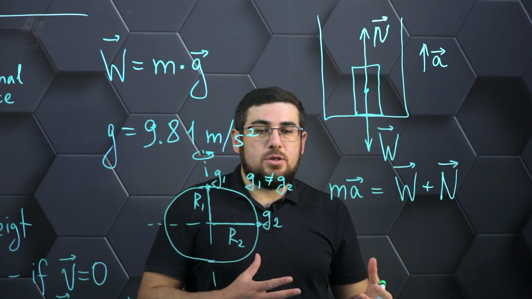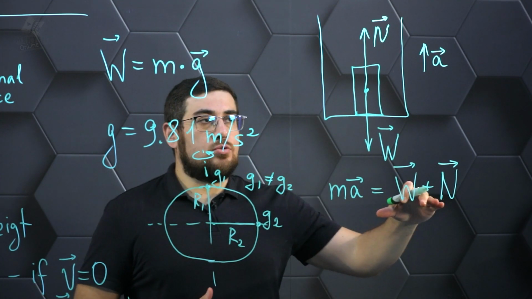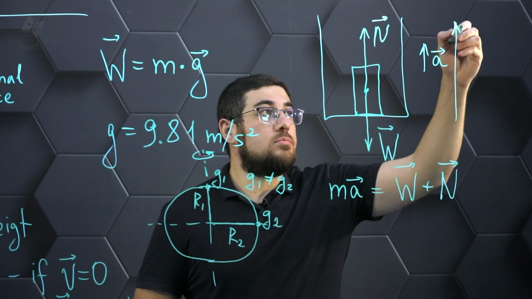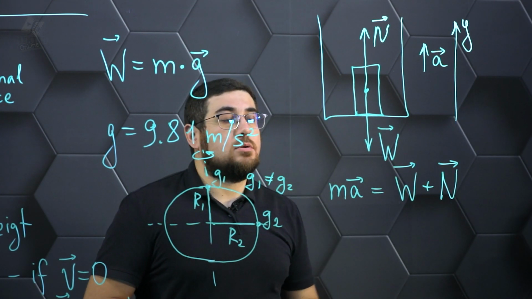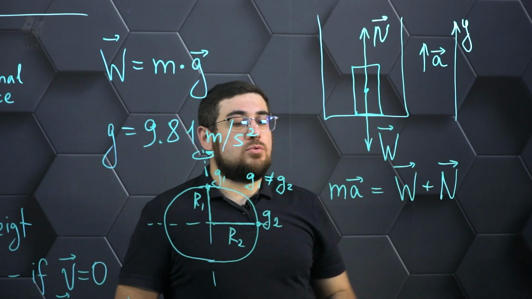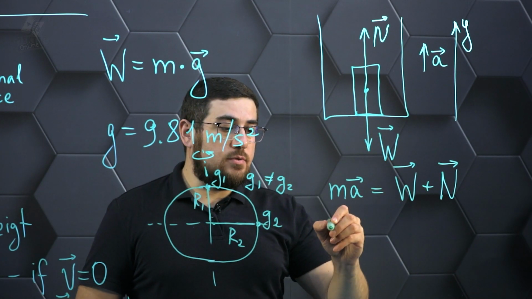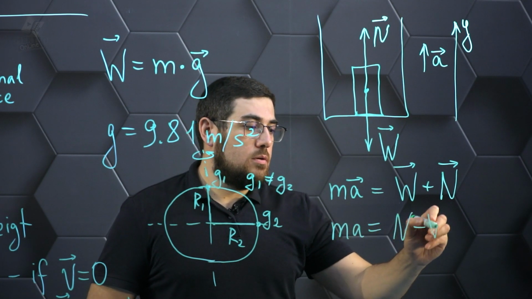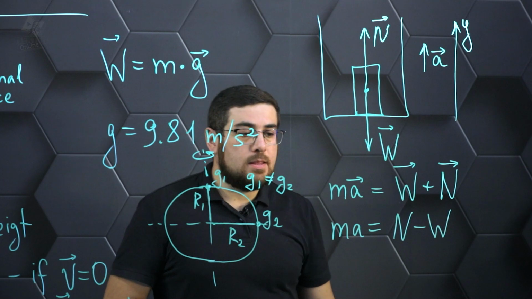And now if we apply this vector equation taking into account the direction we choose, let's say y shows a positive direction, then the projection of these vectors on this axis will allow us to write the equation in scalar form. And it will look like this.